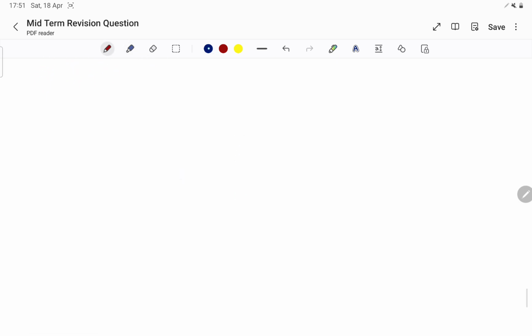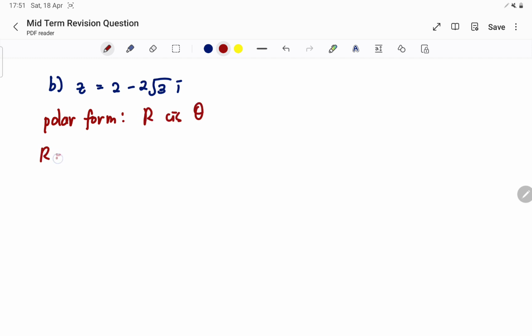We have question B, Z is equal to 2 minus 2 square root 3i. Now we have to use polar form, r cis theta. So the same step, find the value of r first, square root of x squared plus y squared. This is your x, this is your y.